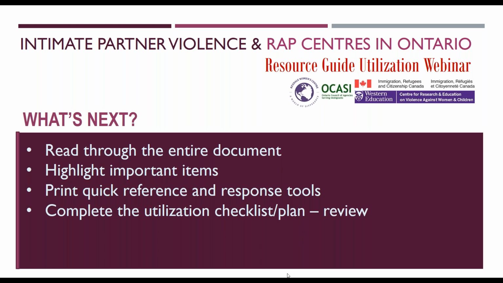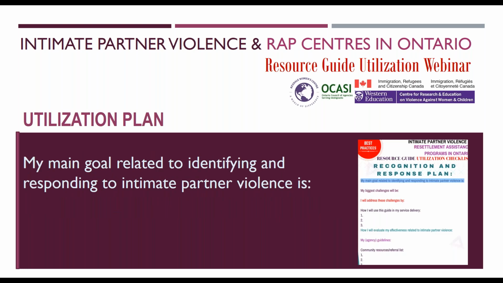Also, we developed a utilization checklist plan that you can complete when you're learning about the material. If you have downloaded this checklist plan form, I will walk you through the different questions included.